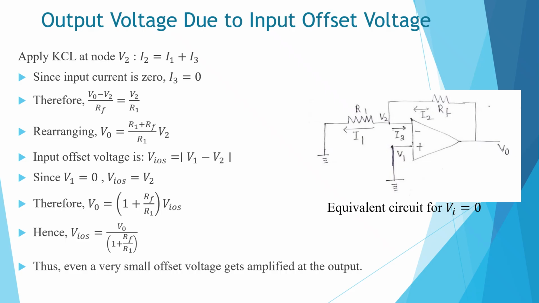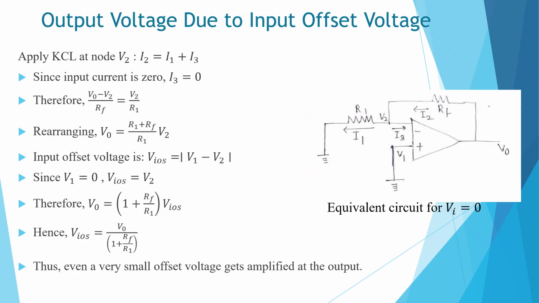Vout minus V2 by Rf equal to V2 by R1. After simplifying the equation, we obtain Vout equal to R1 plus Rf by R1 into V2. We know that input offset voltage is defined as the voltage difference between the two input terminals. VIOS is equal to magnitude of V1 minus V2. Since V1 equal to 0, VIOS equal to V2.